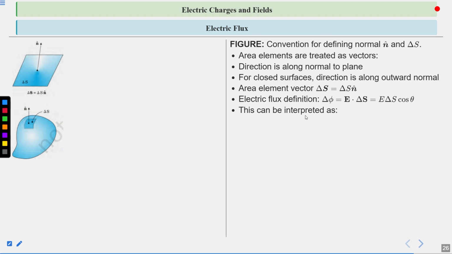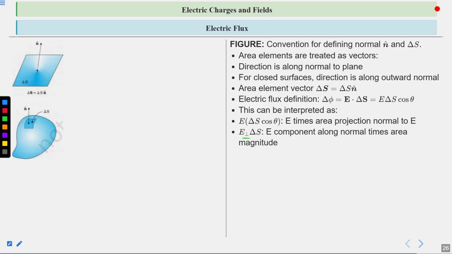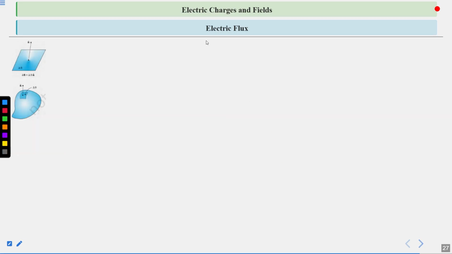This can be interpreted as E times the area projection normal to E. Or, E is perpendicular to delta S, the component along normal times area magnitude. And unit is Newton per coulomb meter square. Electric flux. So convention for defining normal n cap and delta S.